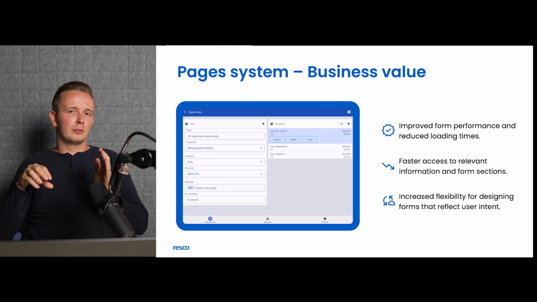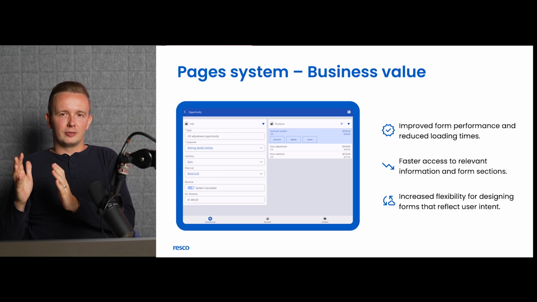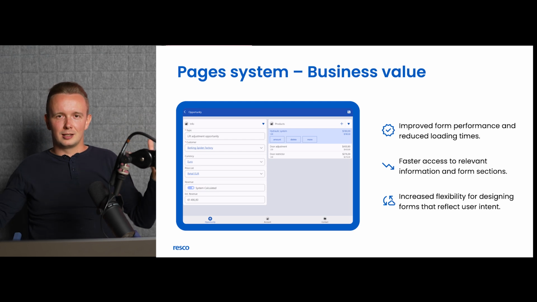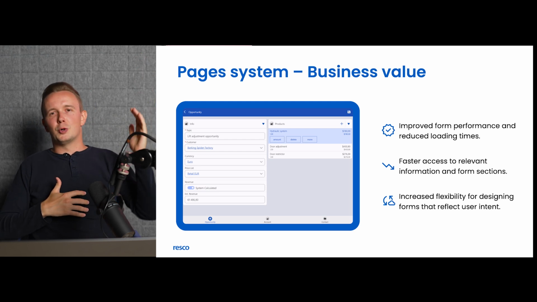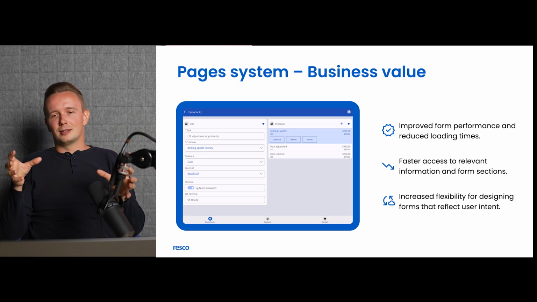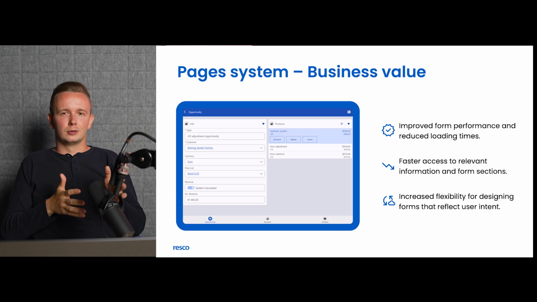If you switch to a different page, a different set of data loads. It's granular, it's faster, and it gives you much better performance because you can now split a huge form. Let's say you have 20 different tabs. We have those use cases. Now you can have, let's say, 6 pages with just a small handful of them.